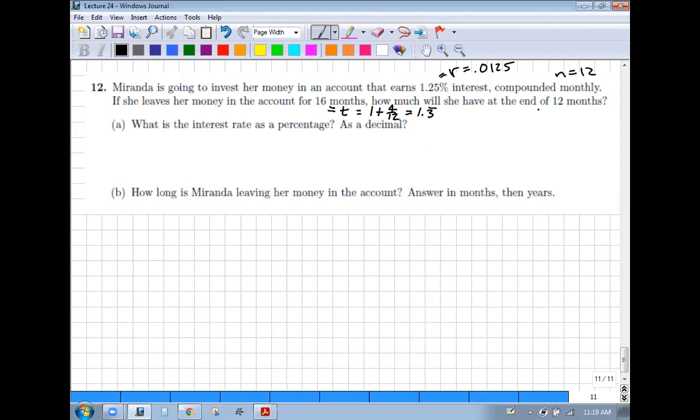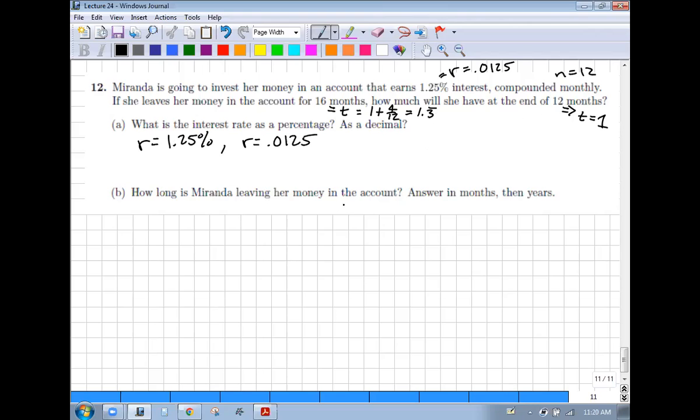How much will she have at the end of 12 months? 12 months means 1 year, right? So what is the interest rate as a percentage? Well, the interest rate is 1.25%. As a decimal, it's 0.0125.